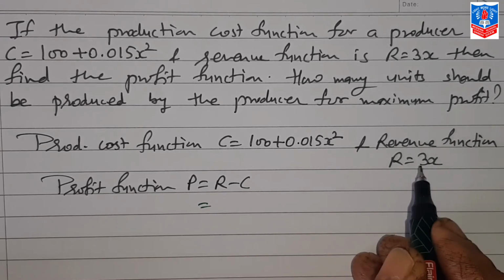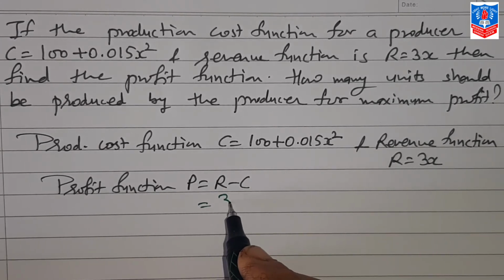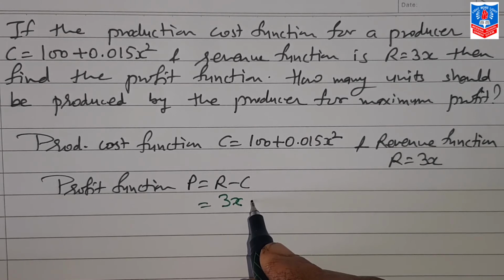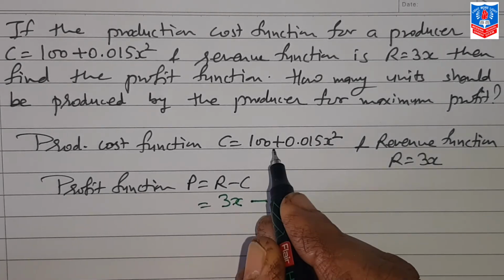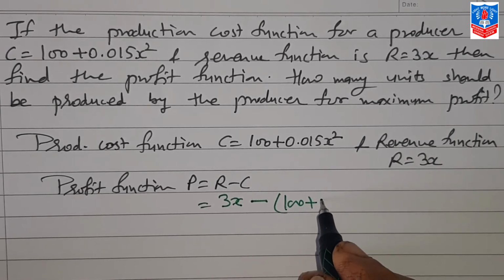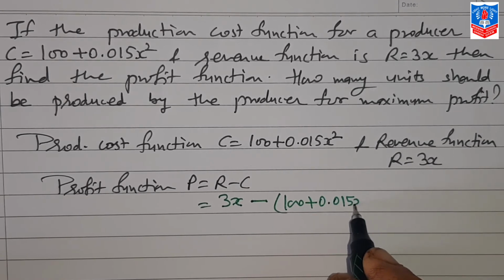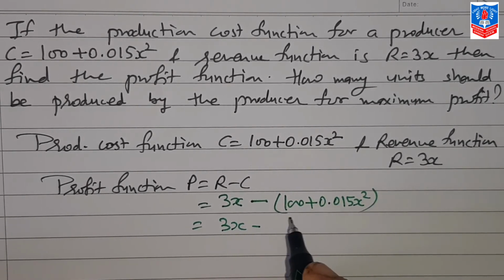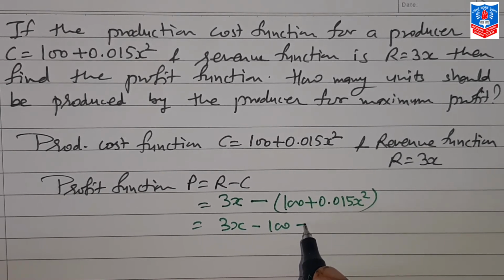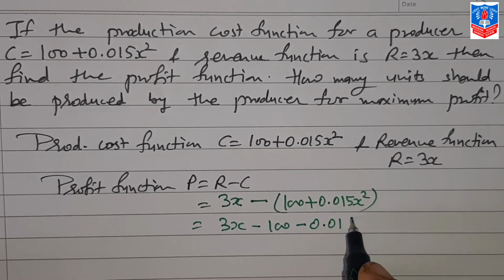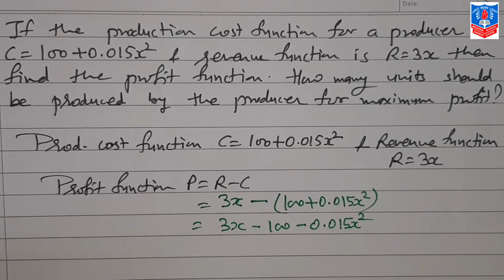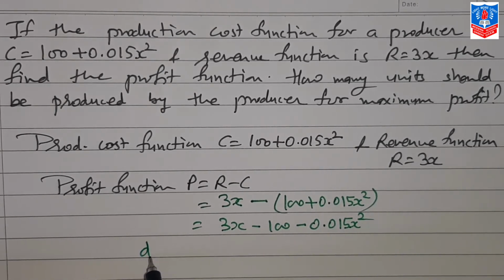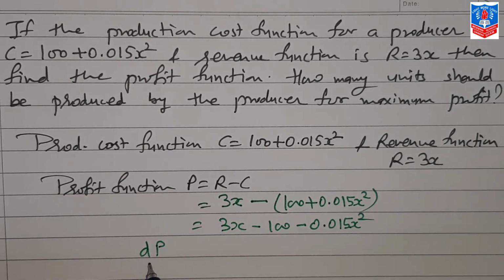For that, from this revenue function, that is 3x, we subtract the cost function, 100 plus 0.015x square. Opening this bracket, it will be 3x minus 100 minus 0.015x square.